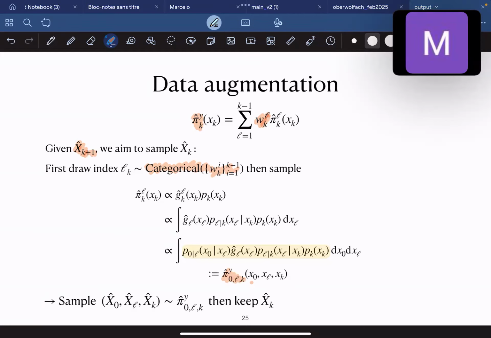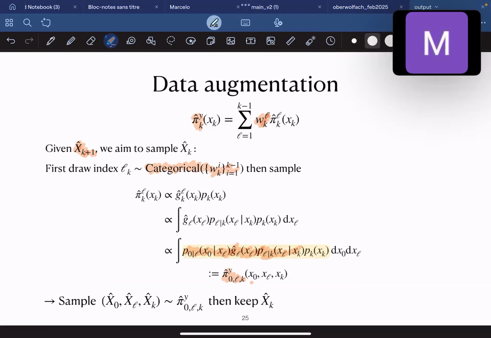And this joint distribution is a product of the conditional distribution of x_0 given x_l of my original diffusion, which I can sample from, times my approximation of my pseudo likelihood g hat at l, and the conditional distribution of x_l given x_k, which I can also simulate relatively easily.